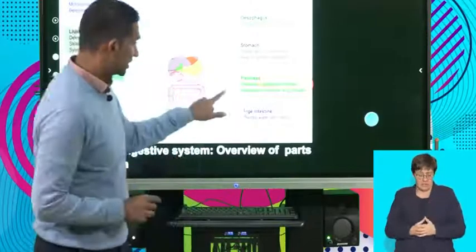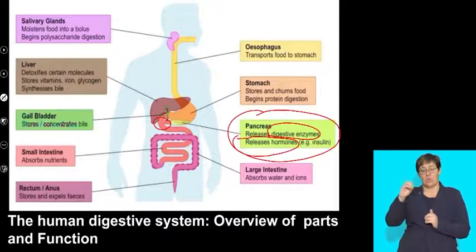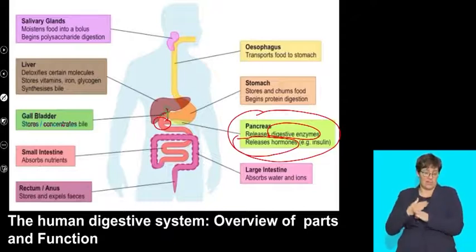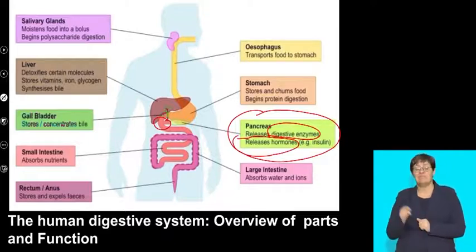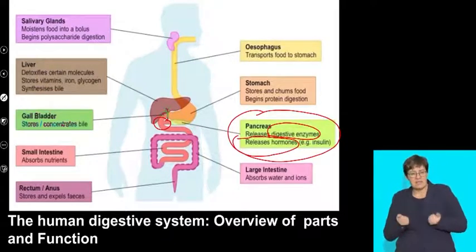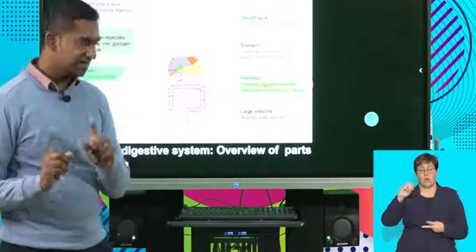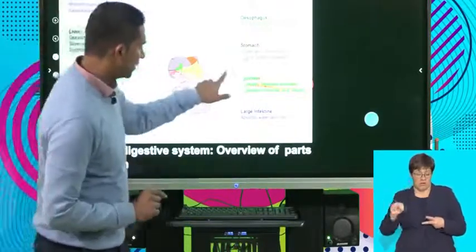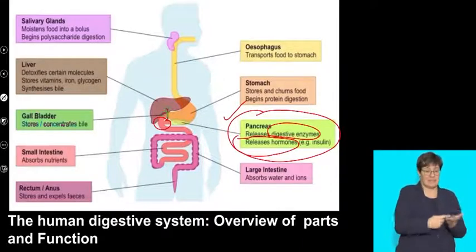We also know that the pancreas plays an important endocrine function. Endocrine refers to the production of hormones, and so this organ has cells that produce hormones such as insulin and glucagon, and we will discuss that in a bit. And so we see how important the pancreas is in this process.